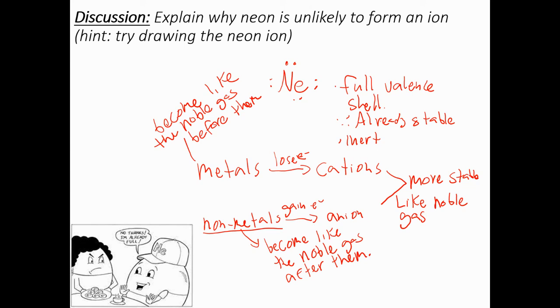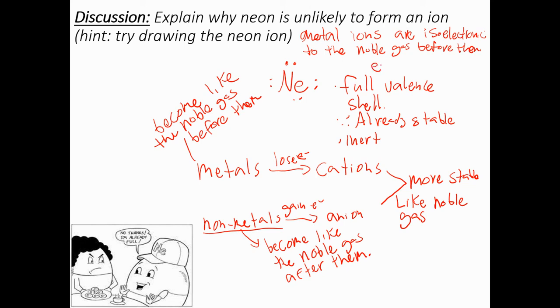When two elements have the same electron setup, the same electron configuration, we call them isoelectronic. So I'm going to add that term there. So for example, metal ions are isoelectronic to the noble gas before them.